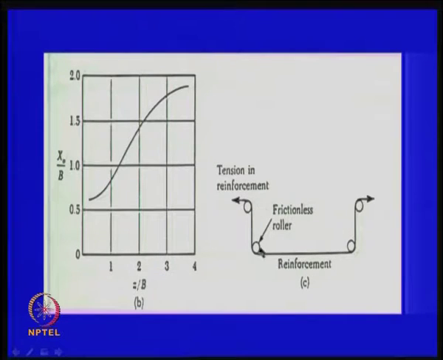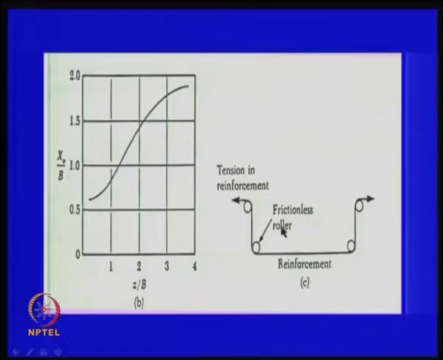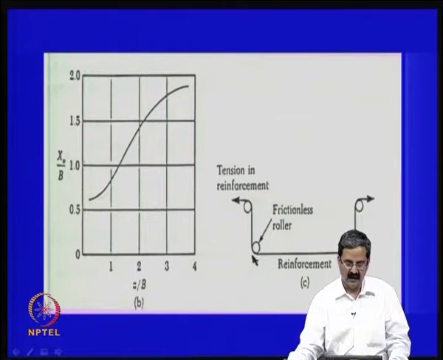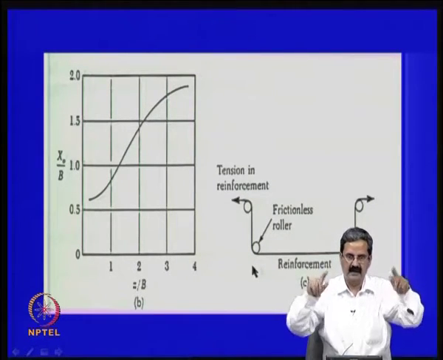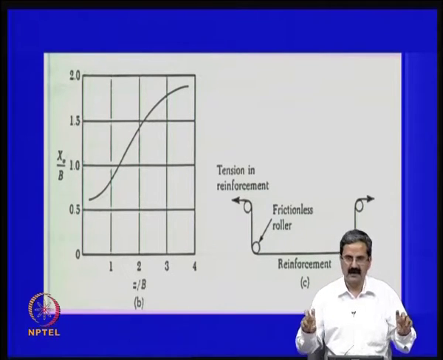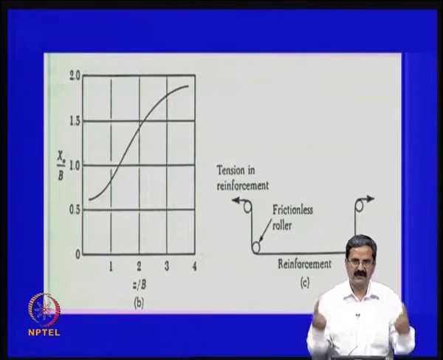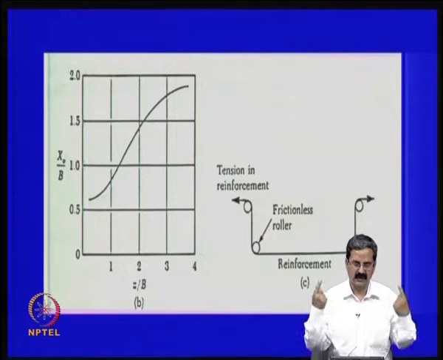So, you try to do that here, and then see that at the point x naught, it behaves like, say for example, there is a kink there. So, we assume that at that point x naught there is a frictionless roller, and what it means is that there is a load acting here, T. The moment I assume that there is a roller here, tensile force will act like this, that is what it means.